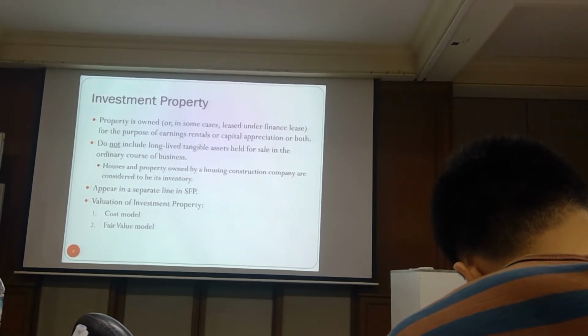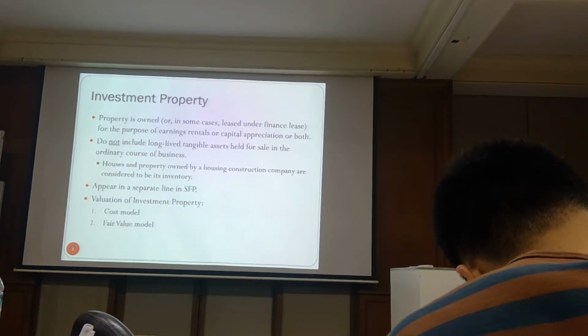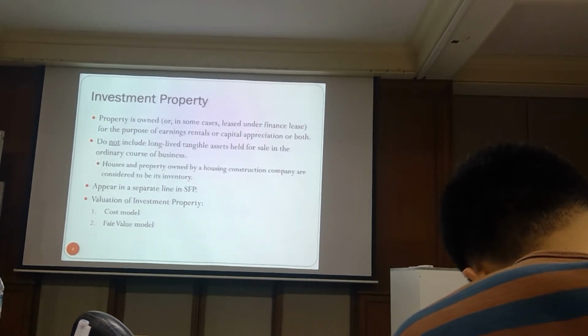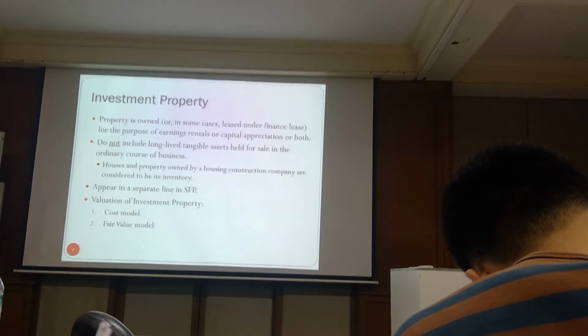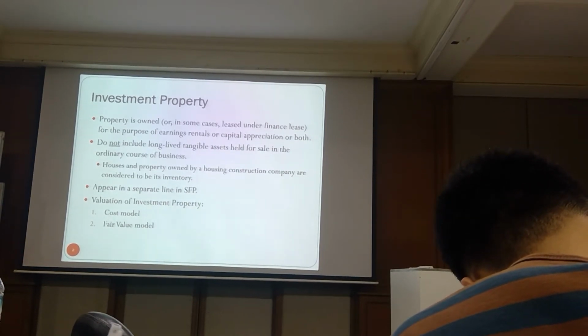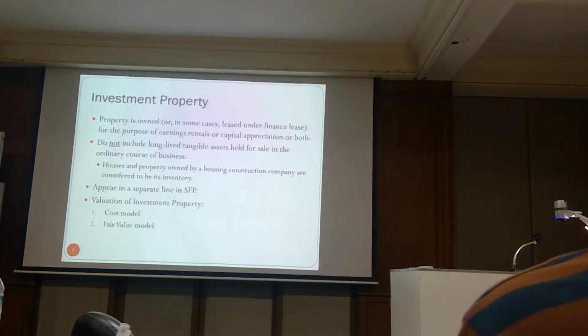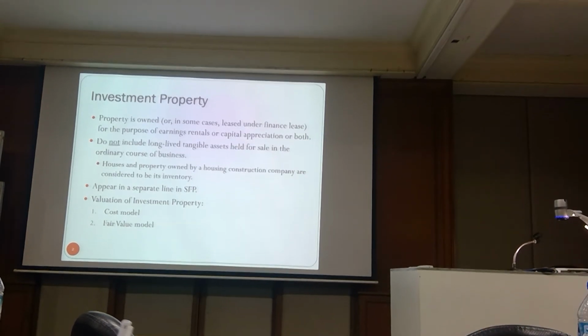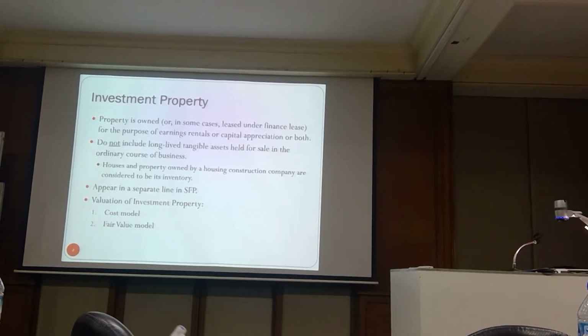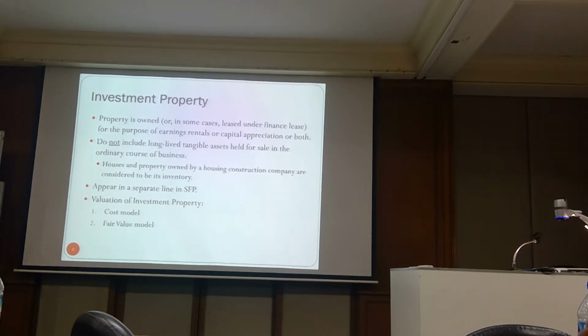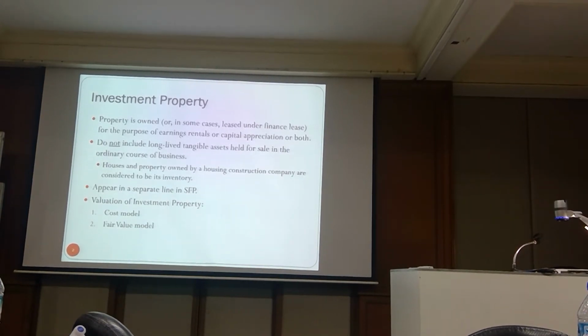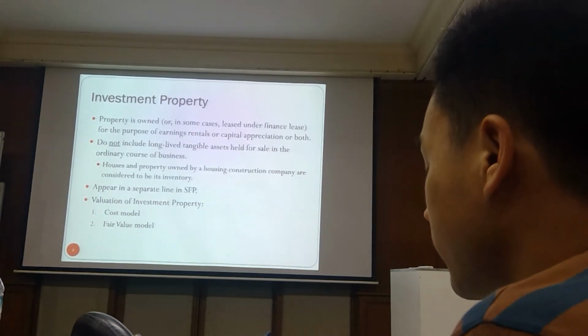Normally when you use PPE, property, plant, and equipment, as you learned in the earlier series, it's just for operation. You use property, plant, and equipment like a building or machine to get revenue, right? But if you buy another property, for example, I'm a manufacturing company. I produce shoes.